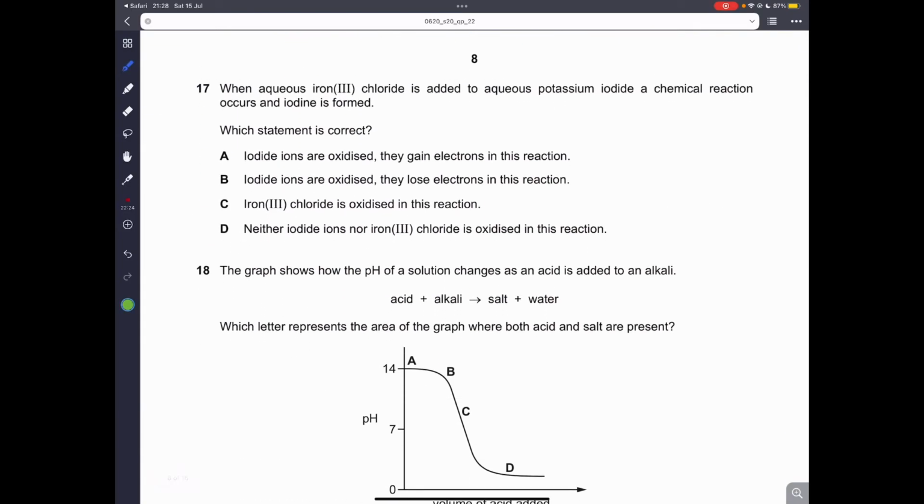Question 17. When aqueous iron 3 chloride is added to aqueous potassium iodide, a chemical reaction occurs and iodine is formed. Which statement is correct? Okay, for this question, it is an oxidation reduction question. So, we have to know that potassium iodide KI is actually a reducing agent.